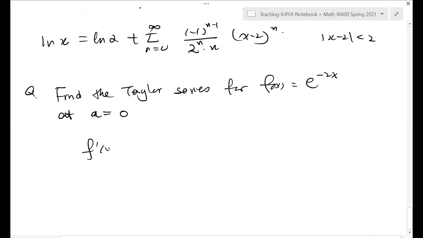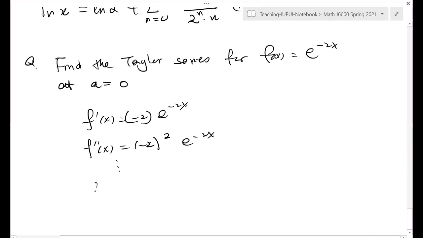Okay, use the definition. Let's find the derivative. That's -2 e to the -2x, right? And the second derivative is the square times e to the -2x. So you can quickly get the pattern.